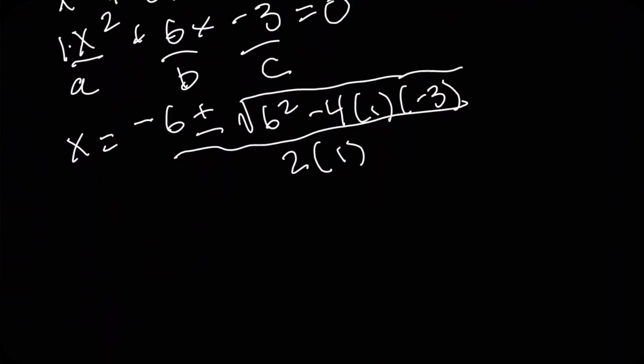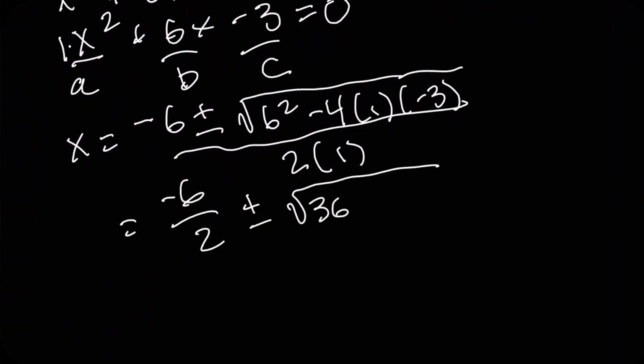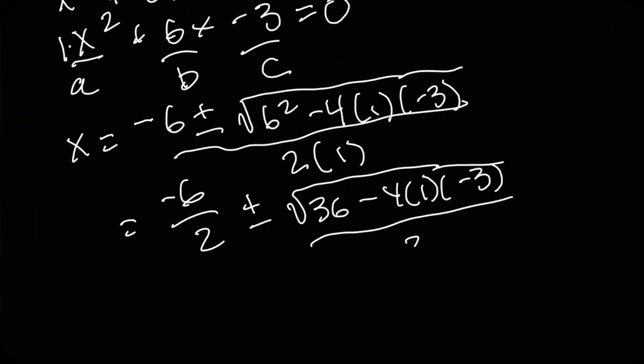All right, let's see if we can further reduce anything here. We can say negative 6 divided by 2 plus or minus, and then 6 squared is 36 minus 4 times 1 times negative 3. And be careful here, this is a negative 4, and then we also have a negative, so this is going to turn into a positive.